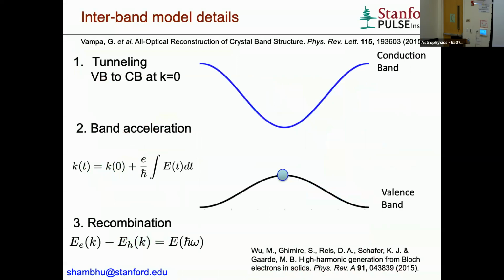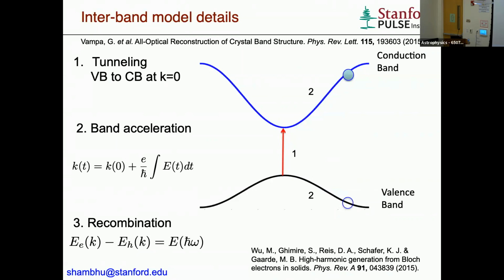So essentially, this is very similar to the gas phase in that this is also a three-step process. In the first step, the electron gets tunneled through the band gap, leaving behind the hole, and the electron gets accelerated in the field, and so does the hole, on their respective bands.